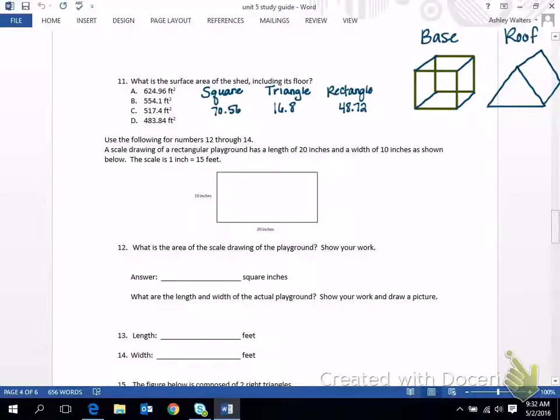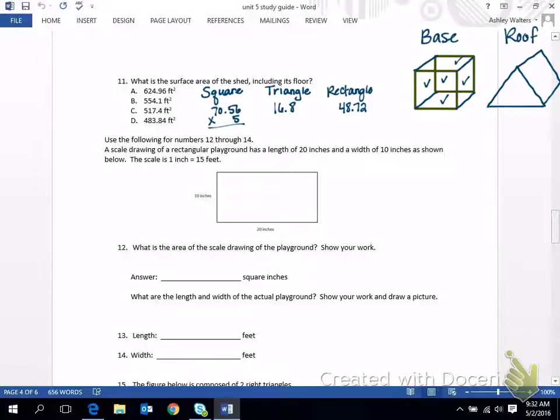The square, or the base, the cube, has 5 squares that we're going to use for the surface area, because you're going to account for the left and right side, the front and the back, and the bottom. So 5 of those sides will be used toward the surface area.